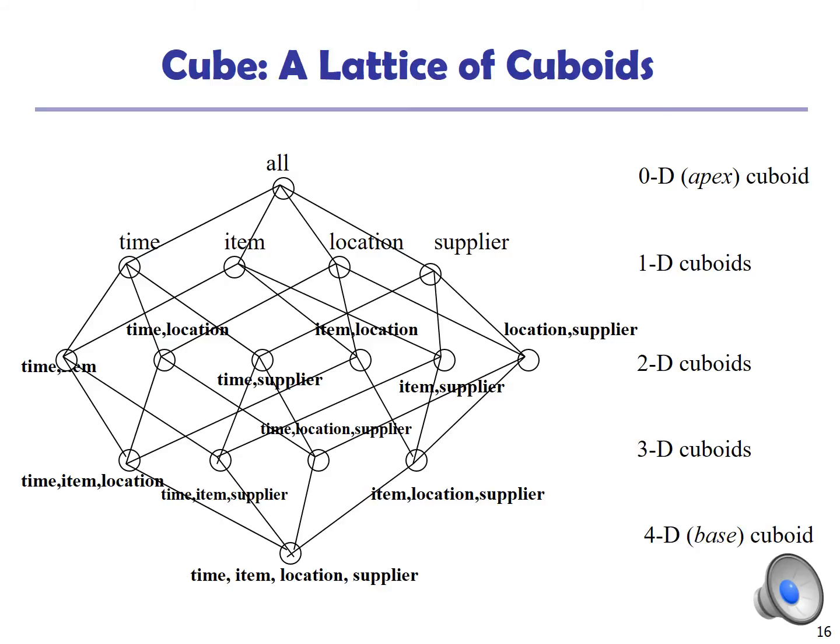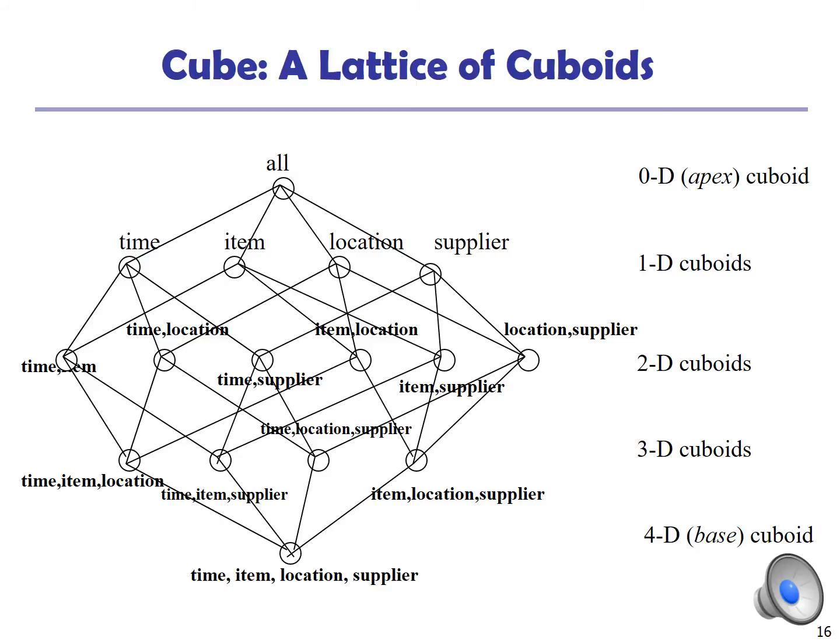Now if you pick 3 dimensions at a time to describe an entity, how many ways can you do that? You can pick time, item, location; time, location, supplier; item, location, supplier; or, did I miss anything, time, item, supplier.